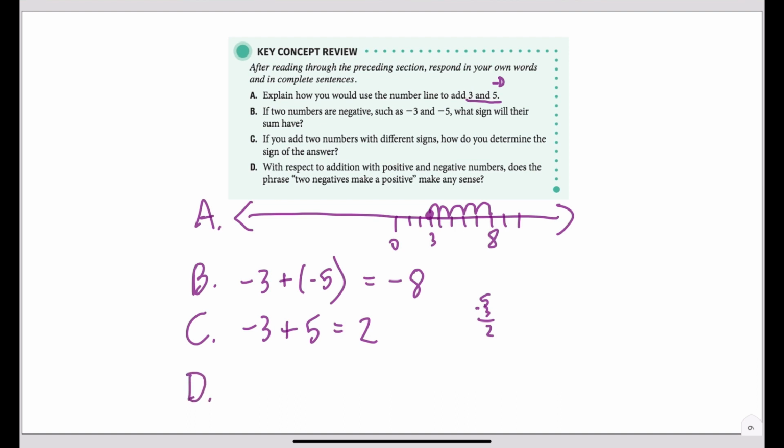Okay. D, with respect to addition with positive and negative numbers, what does the phrase two negatives make a positive mean? Does the phrase two negatives make a positive make any sense?